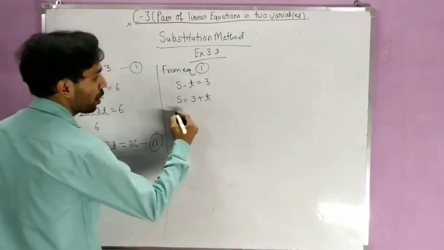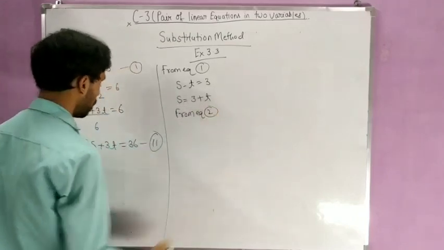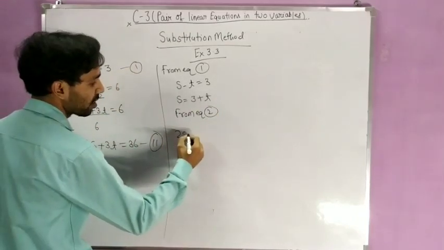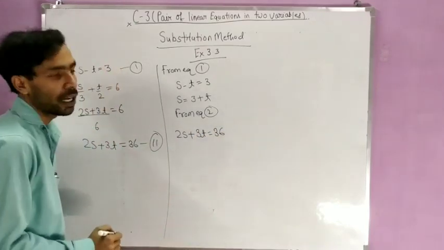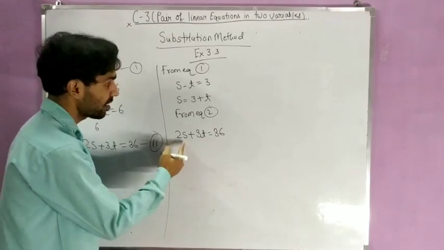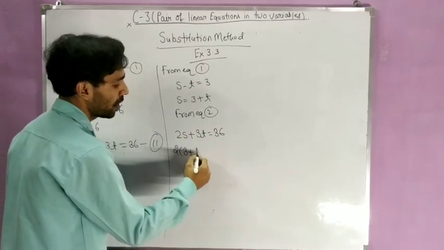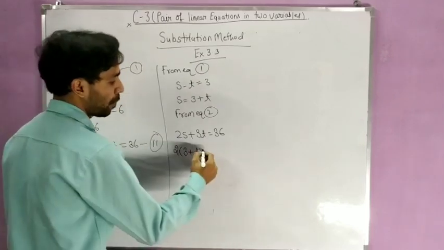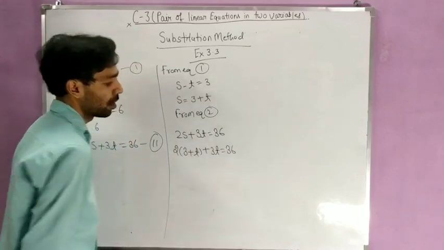So from equation number 2, which is 2s plus 3t equal to 36, put the value of s here. The value of s is 3 plus t. So 2 into bracket 3 plus t, plus 3t equal to 36.